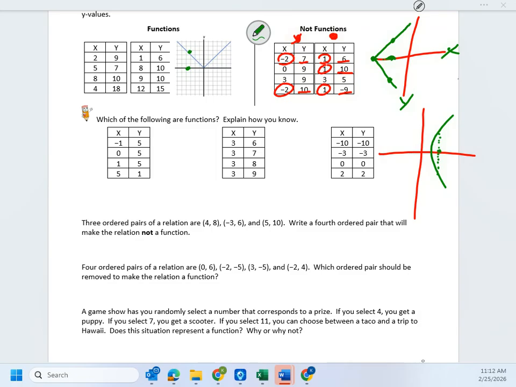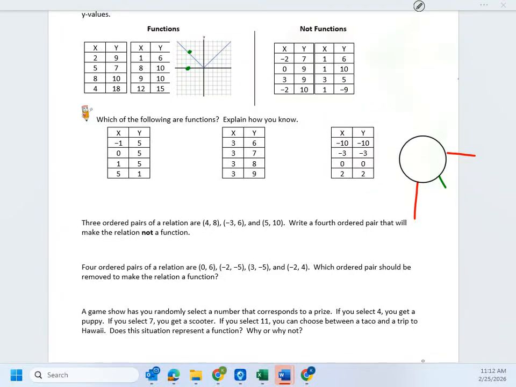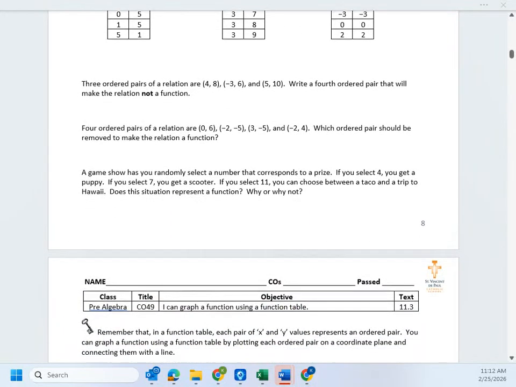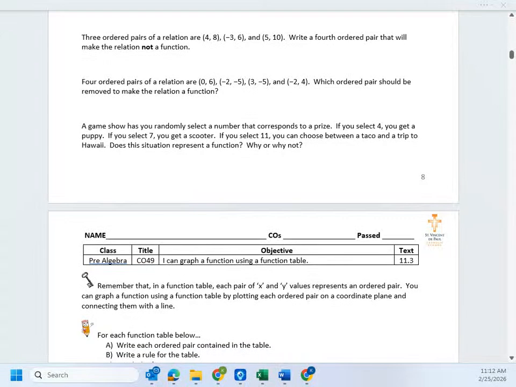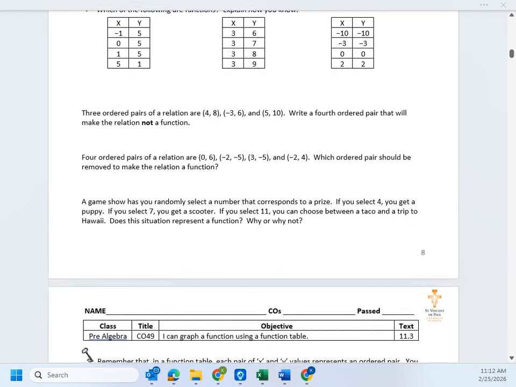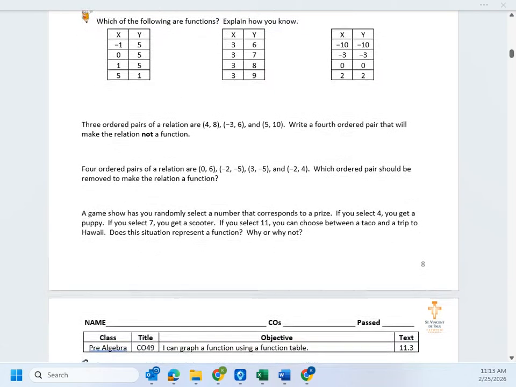Okay, so let's look at our work for today. Oh wait, I skipped. Which of the following are functions? Explain how you know. So look at each of these tables and tell me yes or no, and why.